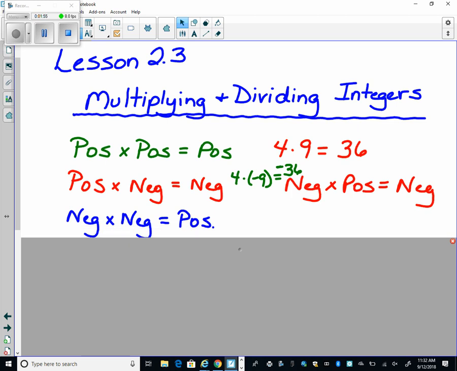If we look at the next example, this one's a little bit different. If you multiply 2 negative numbers together, so a negative times a negative, you actually get a positive answer.